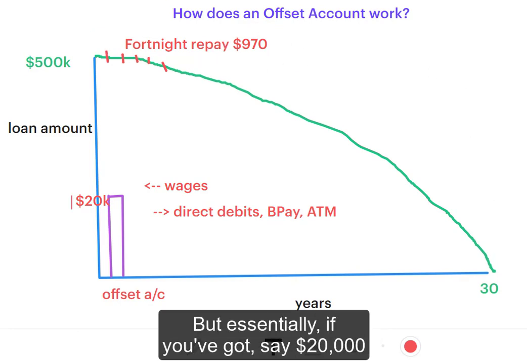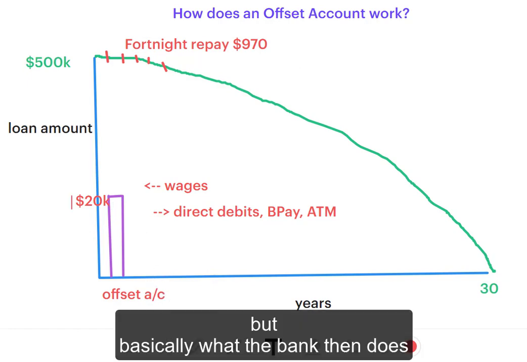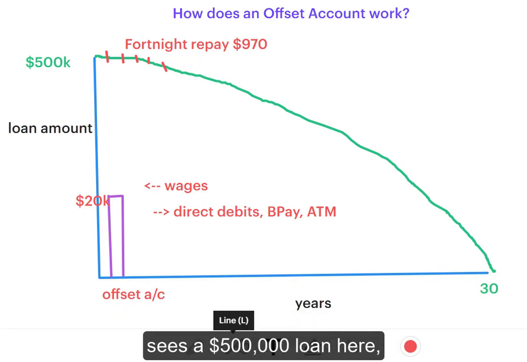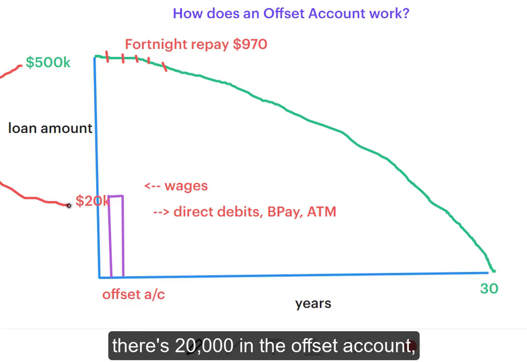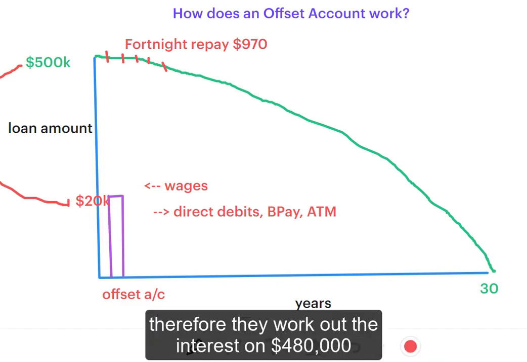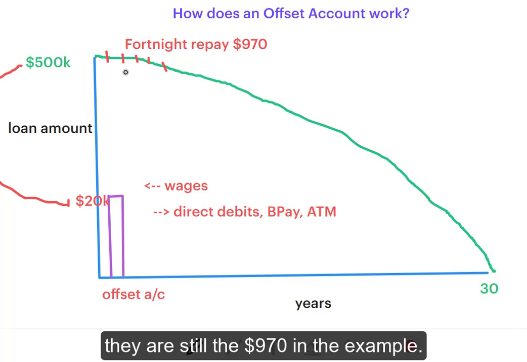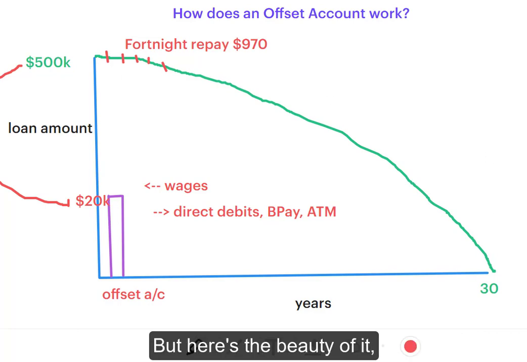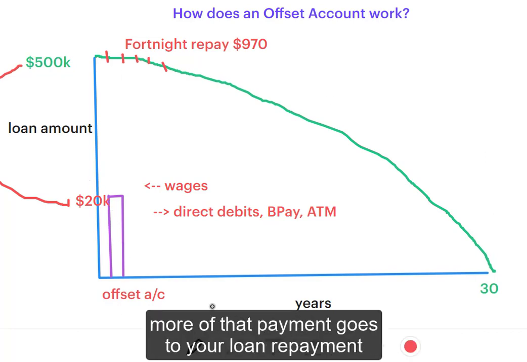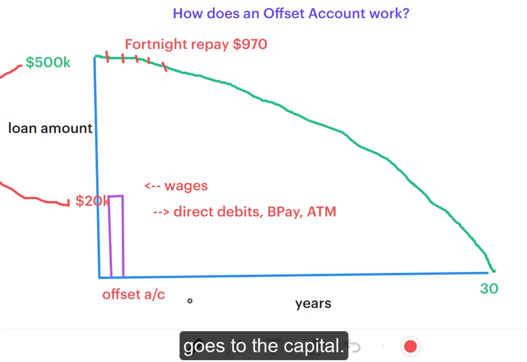But essentially if you've got say $20,000, and that's not to scale, what the bank then does is say, okay, we've got a $500,000 loan here, there's $20,000 in the offset account, therefore they work out the interest on $480,000 outstanding. So your repayments don't change, they are still the $970 in that example, but here's the beauty of it: more of your loan repayment goes to the capital.